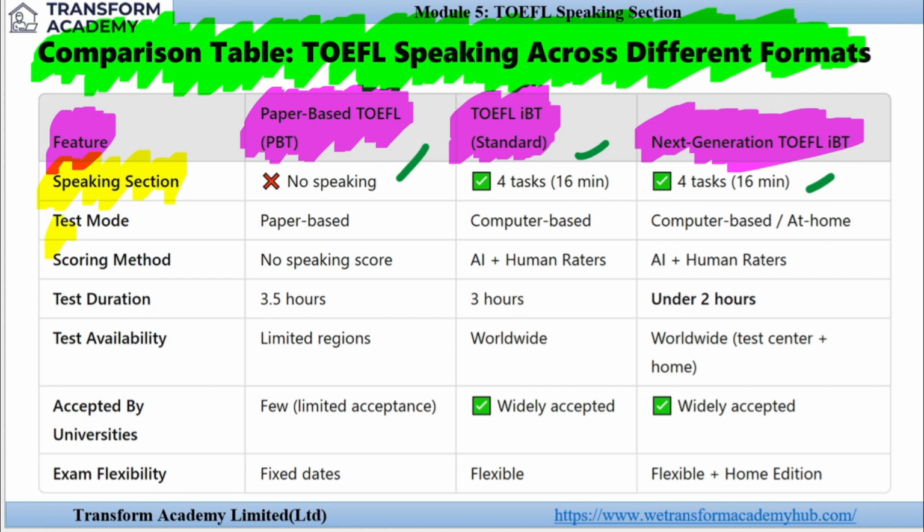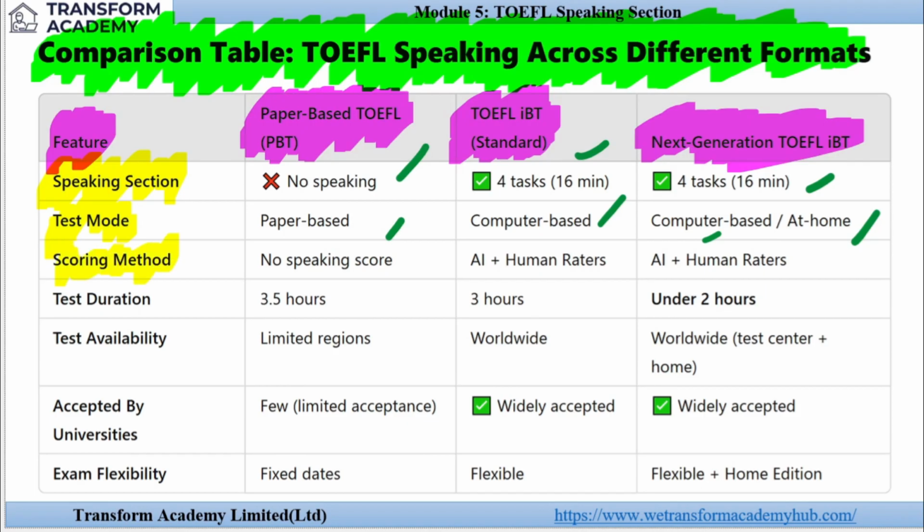The test mode. As it's paper based in the PBT, it has no speaking section; iBT is computer based, and next generation is computer based and at home.